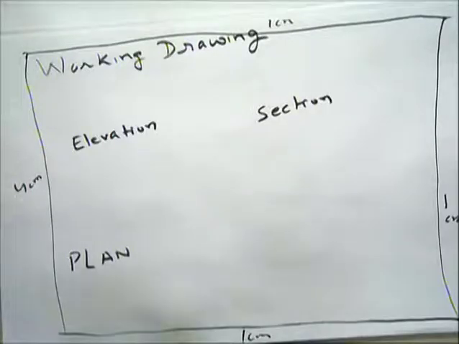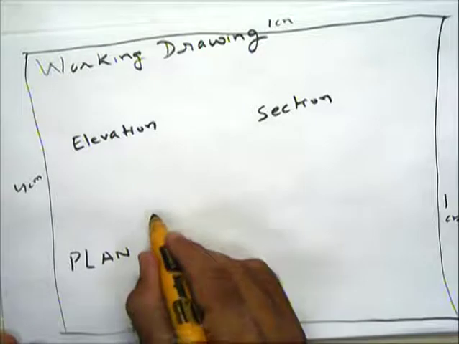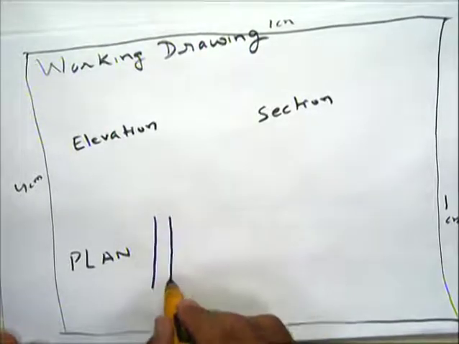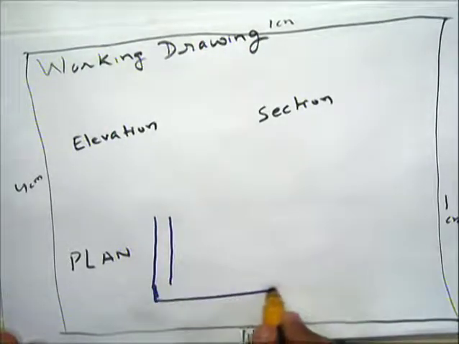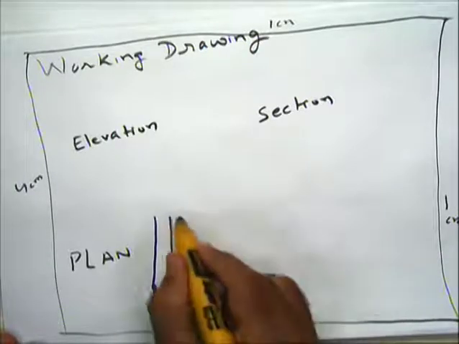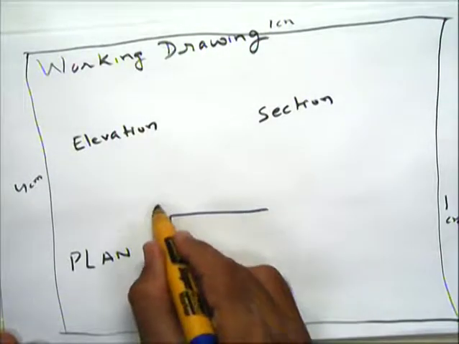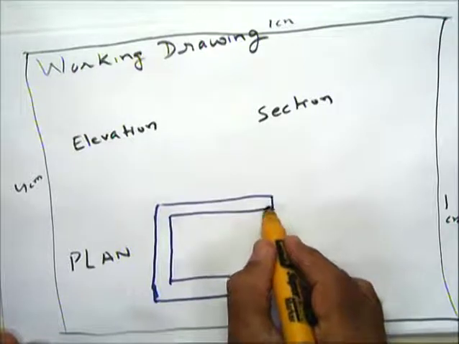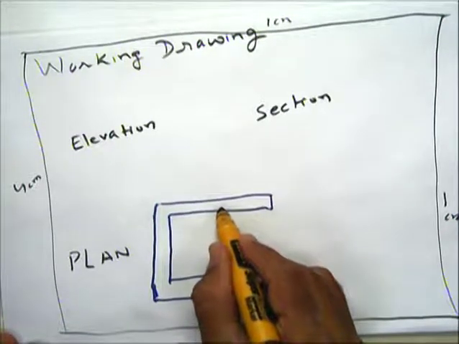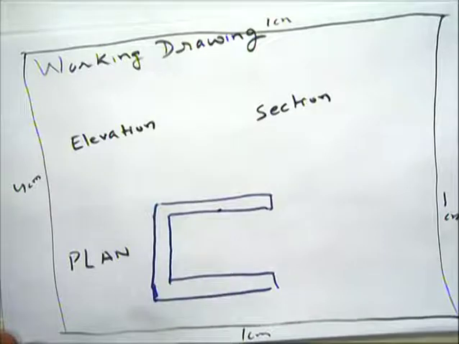For example, if a wall is there in orthographic drawing, after cutting at the sill level, the top and bottom are both occupying the same point.